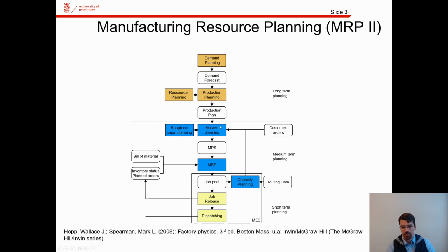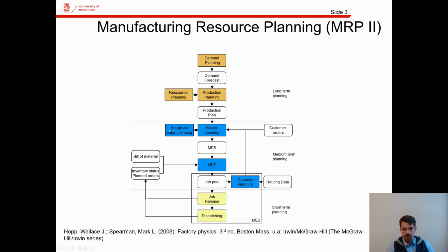Then the master planning takes place, which again takes into consideration the production plan, which is forecast driven, and it also takes the actual amount of customer orders which are already in our books into consideration. And then the disaggregation happens in the master planning, and the outcome is the MPS, the master production schedule. So this MPS is a disaggregated plan right now, depending on forecast data and depending on actual customer orders which are in our order books.